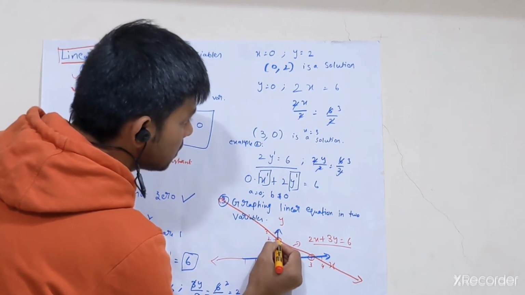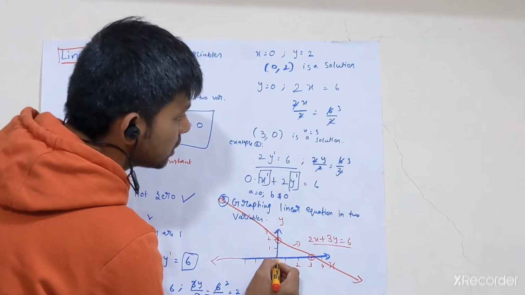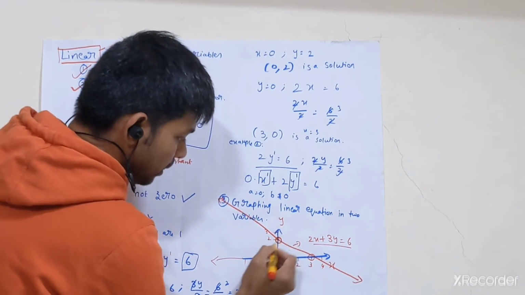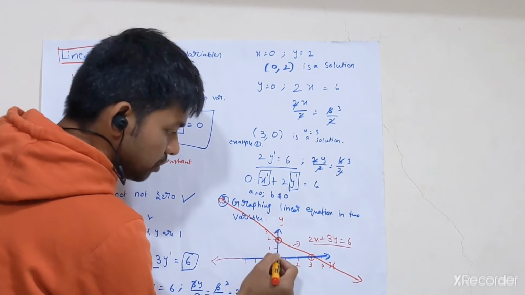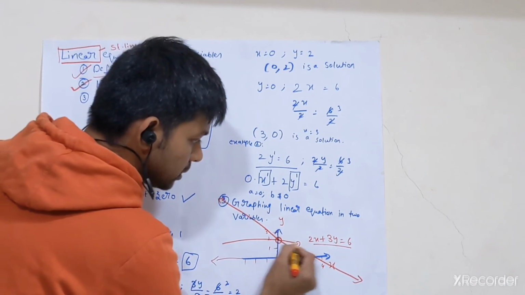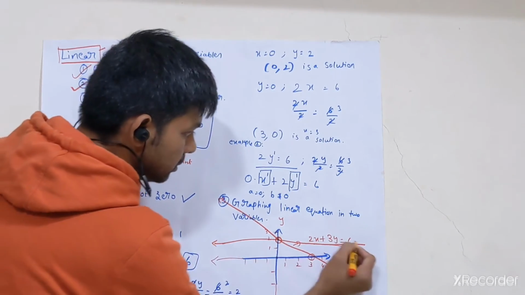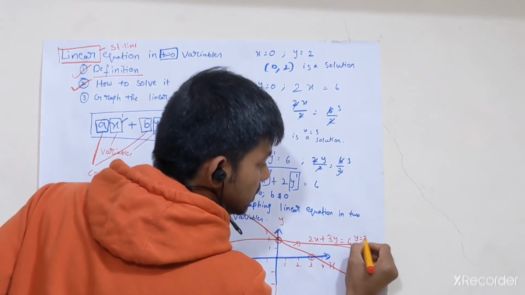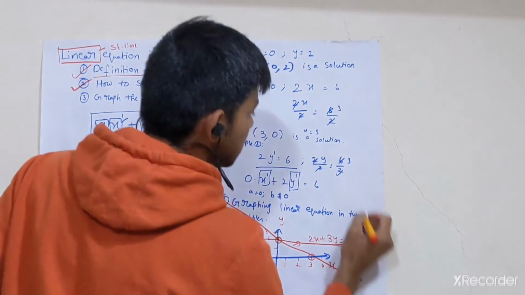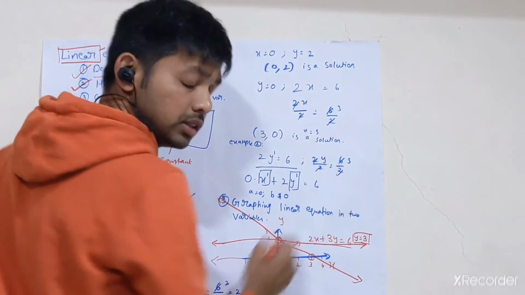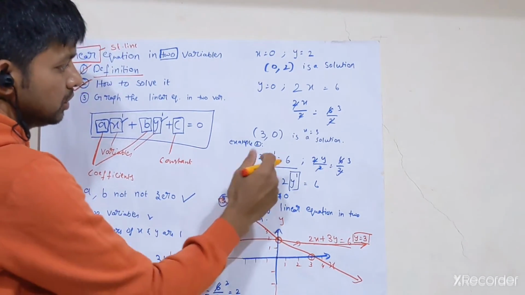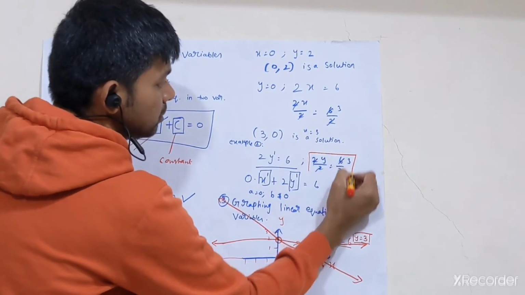If you graph this one, for x is equal to 0, y is equal to 3, and since y is constant for all the x values, you can draw a horizontal line. This equation is y is equal to 3. So we have graphed these two equations: one is 2x plus 3y is equal to 6, and the other is y is equal to 3.